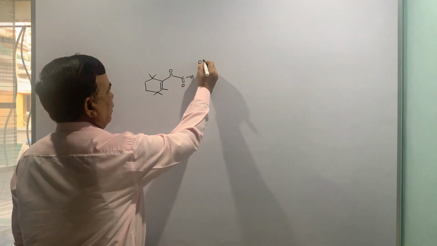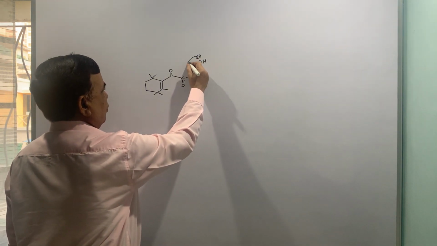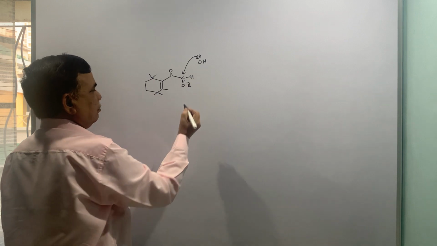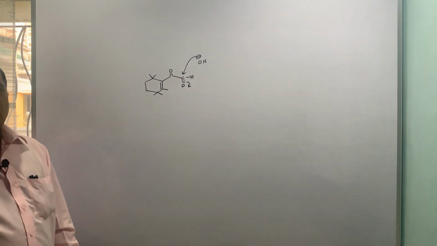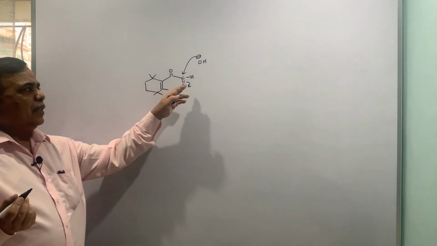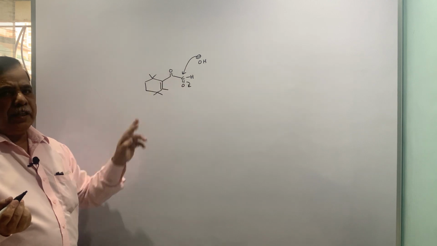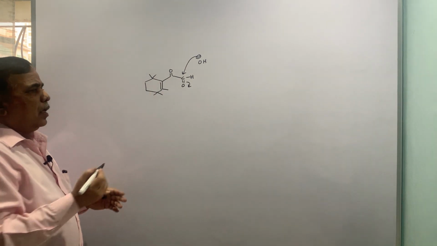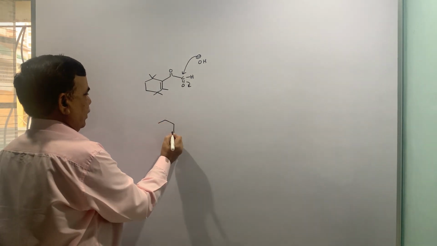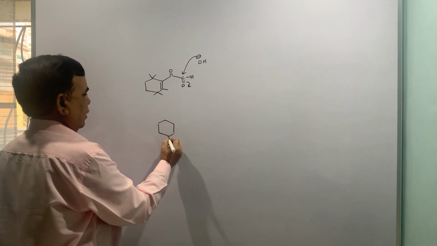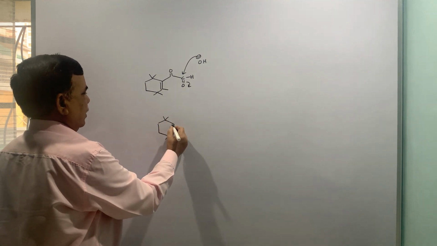Now, if I treat this bifunctional compound with hydroxyl group, the relative reactivity of aldehyde is more than ketone, and therefore we will be getting a carboxylate ion.